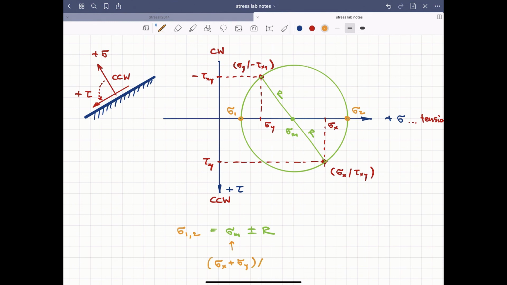The radius itself isn't very difficult if we find that marked triangle here, and we see this side is sigma x minus the mean value, and we have the second side of that triangle as the shear stress tau. That's a standard triangle, so the radius r follows from the Pythagoras theorem as the square root of sigma x minus sigma m squared plus the shear stress tau xy squared.